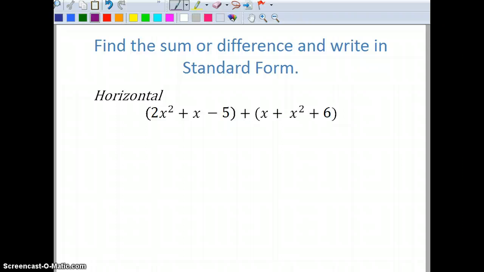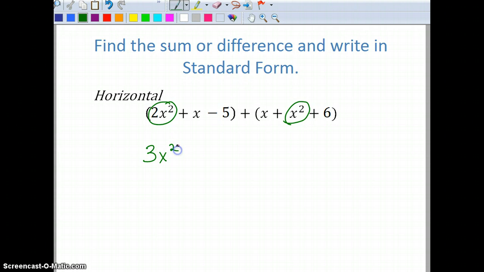So the horizontal method, I'm just going to go through and I'm going to combine my like terms. So I'm going to circle these. I look in both of these. My highest exponent is a 2, so I know I'm combining two second degree polynomials. 2x squared, and addition right here, that's going to be really important to pay attention to, and a positive x squared. What does that give me? Just add your coefficients.